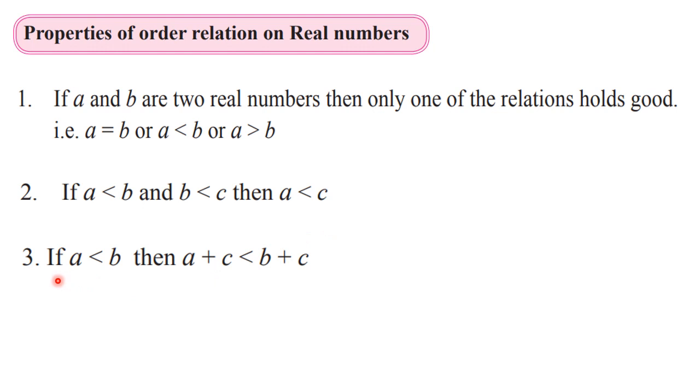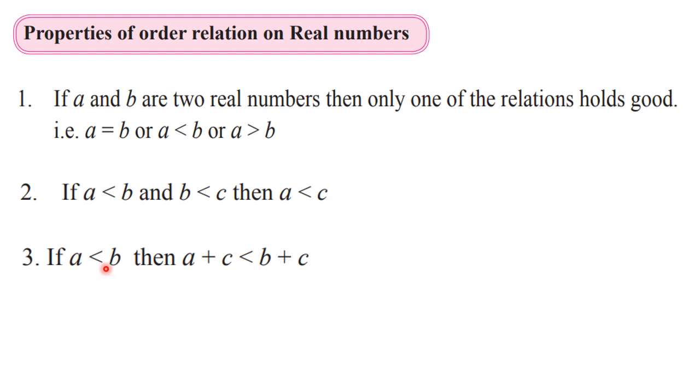Third property: if A is less than B, this is called an inequality. You know that this is called an equality because the equal to sign is there. These are called inequalities.